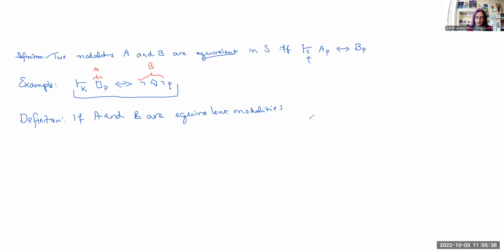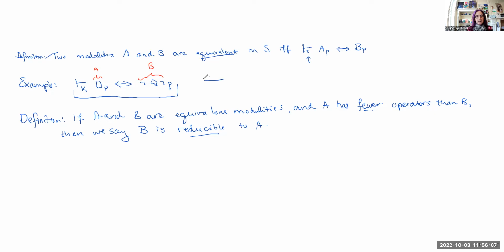But if A and B are equivalent modalities, and A has fewer operators than B, so fewer boxes, diamonds, negations, then what we say is that B is reducible to A. So in this case, not possibly not is reducible to just necessarily.